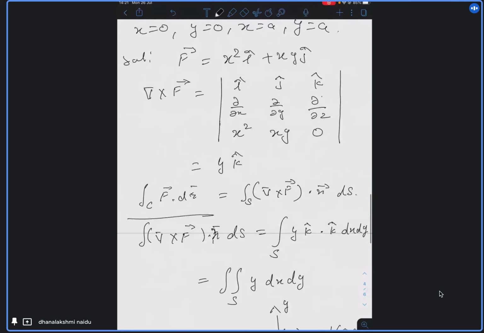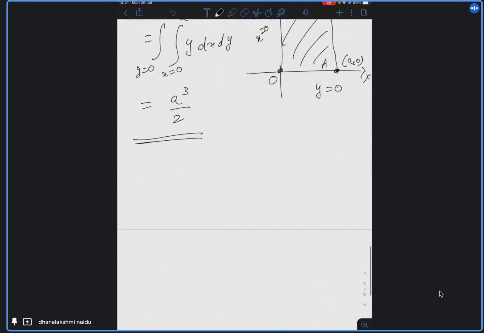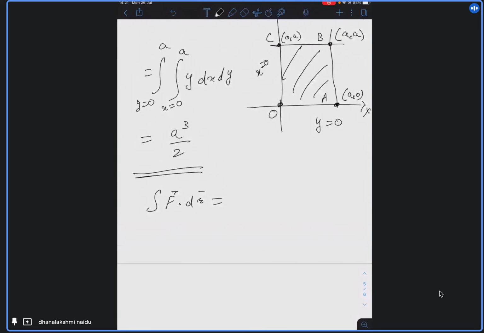This one, the line integral of f bar dot dr bar, we also need to solve. So the line integral of f bar dot dr bar will be equal to the sum of all these curves. Is it or not? The line integral along OA, plus from A to B, AB, f bar dot dr bar, then BC, f bar dot dr bar.